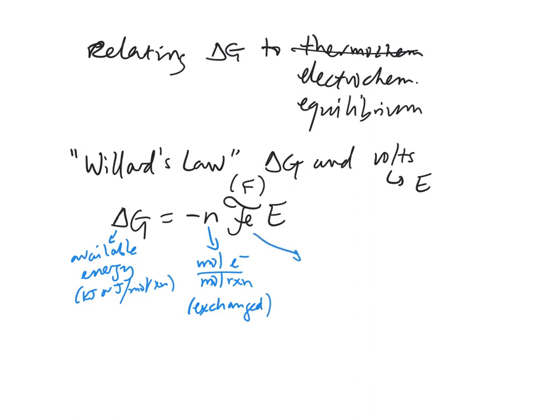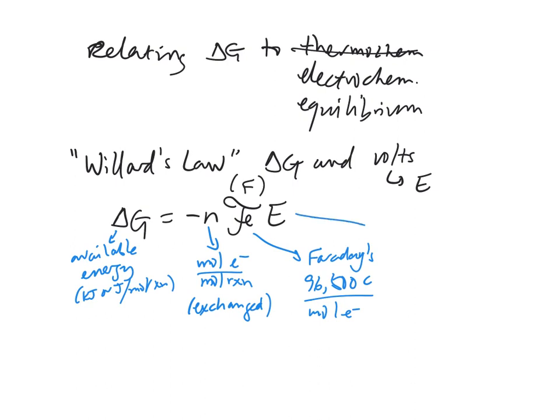The fancy script F, Faraday's constant, is 96,485 coulombs per mole of electrons. And if you're looking ahead already, the moles of electrons will divide out, and we'll have coulombs per mole of reaction, but we don't want coulombs per mole of reaction, we want joules or kilojoules.